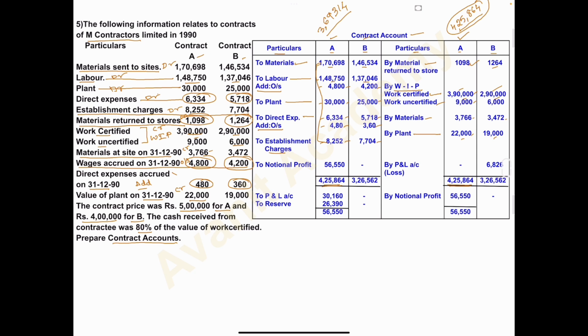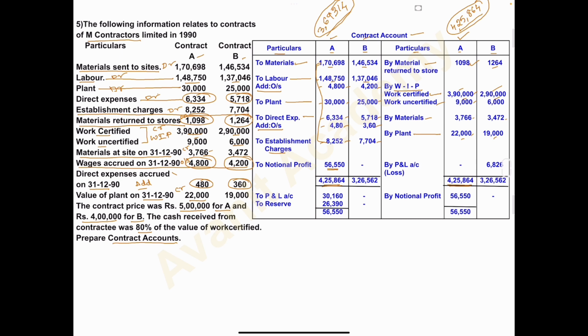From this 4,25,864 minus this 3,69,340, or you can minus all these items material, labor, plant, direct expenses, establishment expenses, and you will get the difference amount 56,524.